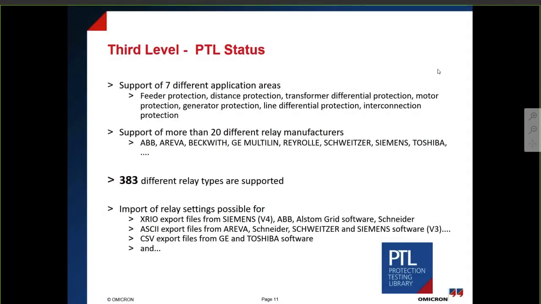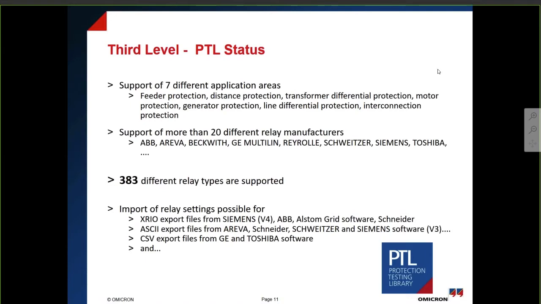Third level, PTL status: we are supporting seven different application areas: feeder protection, distance protection, transformer differential protection, motor protection, generator, and line differential protection, and interconnection protection as well. We are supporting more than 20 different relay manufacturers: ABB, Areva, Buchholz, GE, and others. 383 different relay types are supported, and import of relay settings is possible.